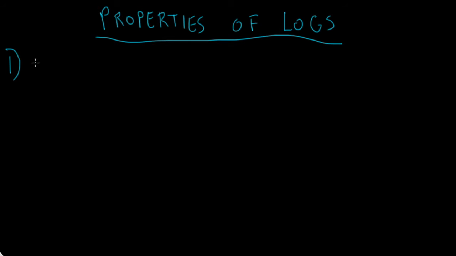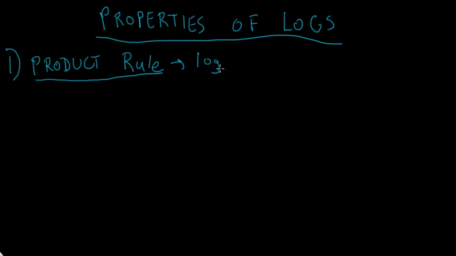Now there are 3 main properties that we're going to use to solve these problems. The first one is called the product rule. The product rule says that log base b of a certain number, we'll call it m, plus log base b of a number n, is equal to log base b of m times n.